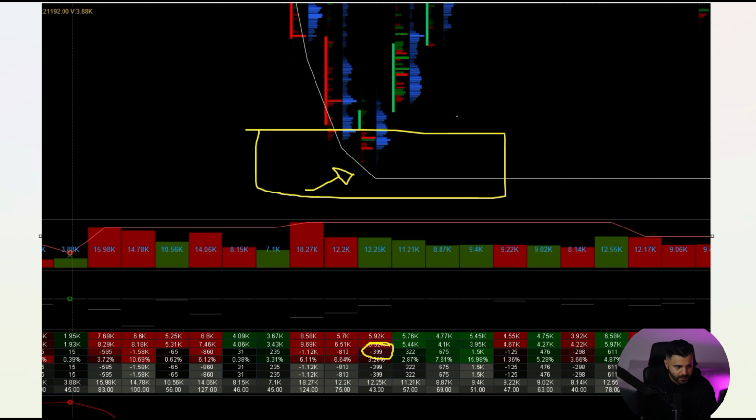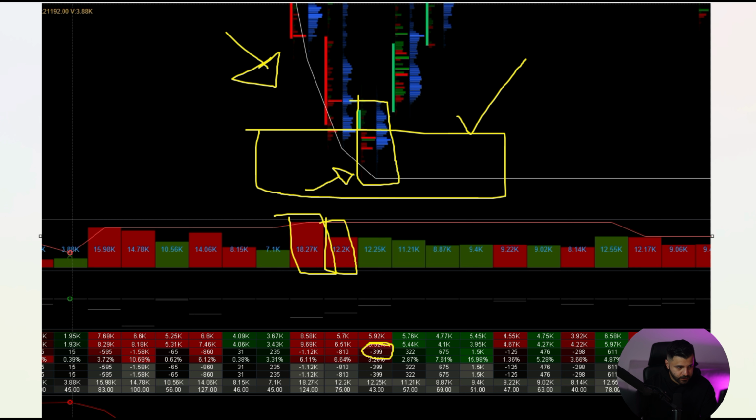So this is a classic setup for me, all right, to go long on this. We have a trend. We're going down aggressively. You can see that from the volume. Okay, you can see that very aggressive, coming down into a key level. Okay, delta is fading, so we have 810, 399, 1200 on this one. So we can see the delta is fading, and also we can see that we have delta divergence on this candle.